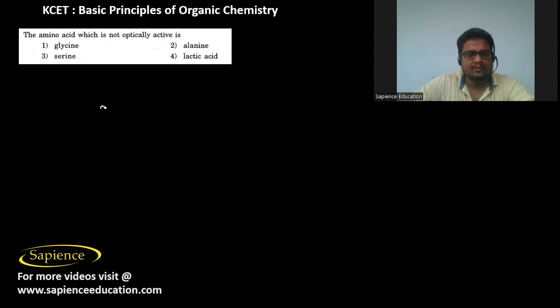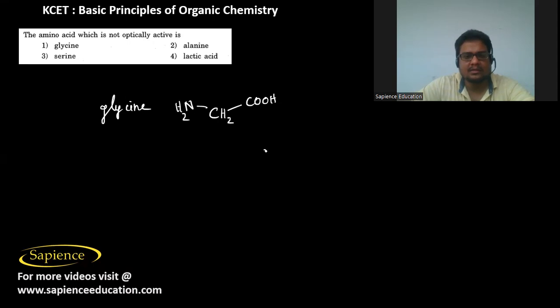For glycine, the structure is CH2, then NH2, then COOH. This is called glycine. So here on this carbon, we have two similar groups, which is hydrogen, and here NH2 and here COOH. So here we don't have a chiral carbon.